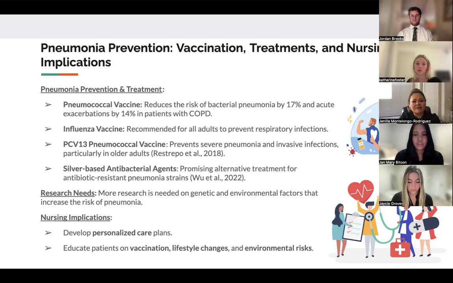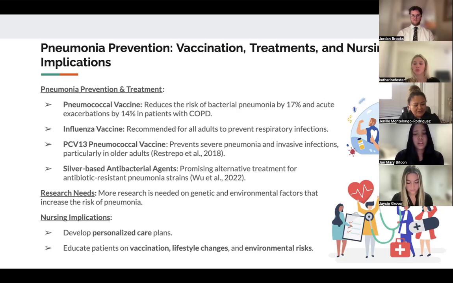Although vaccinations aren't always, unfortunately, 100% effective, it is really crucial to educate patients about it, because pneumonia and honestly any respiratory infection can be extremely life-threatening, especially for high-risk individuals with a weakened immune system or any history of respiratory diseases, which is what we saw in the pandemic in 2019.